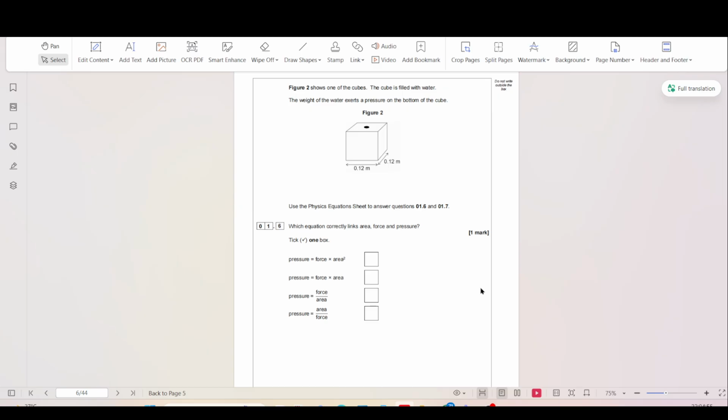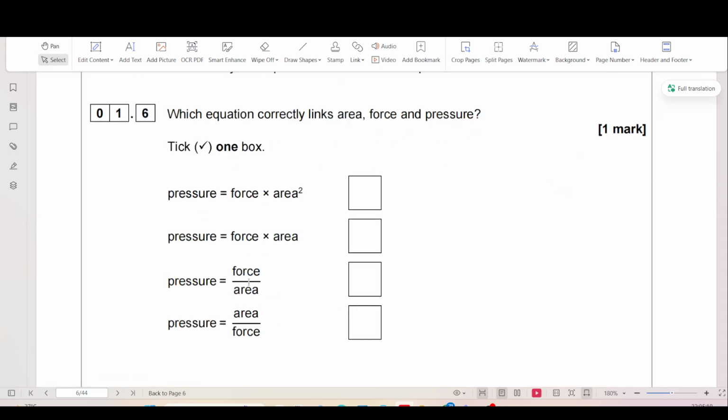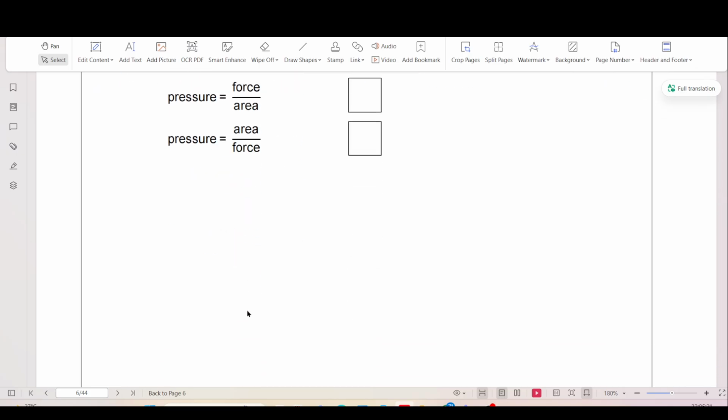The equation properly links area, force, and pressure. P equals F divided by A. Yes, exactly. Pressure equals force per unit area.